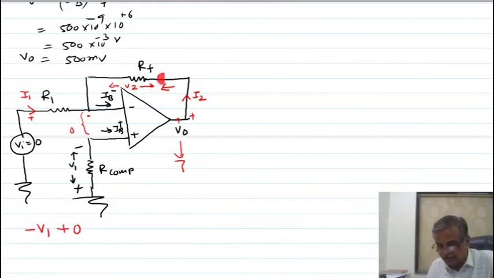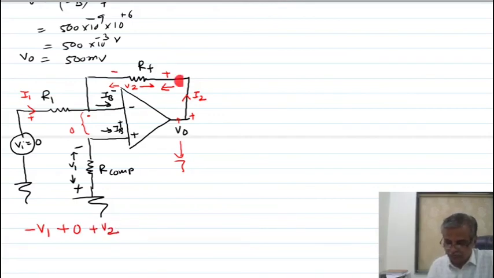From ground to this side, minus V1, potential decreases. Here potential increases, so I should write plus V2.